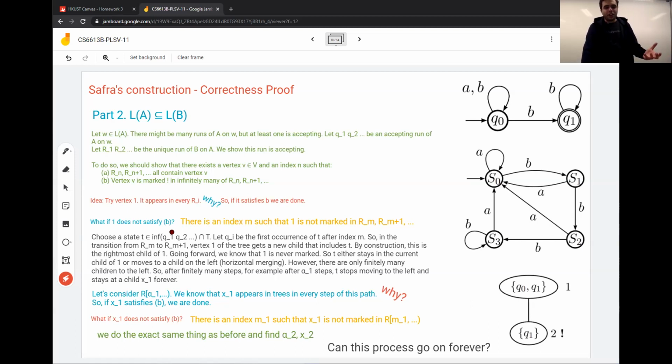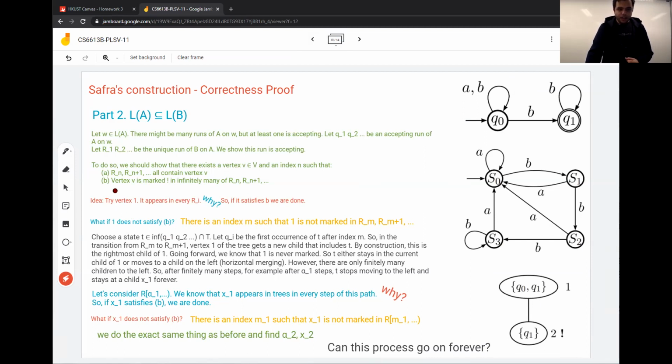So try vertex 1, try the root of your Safra tree, okay? The root is never removed. So as you do your runs and you create new Safra trees, you are always sure that vertex 1 is always there. So it definitely satisfies condition A here.